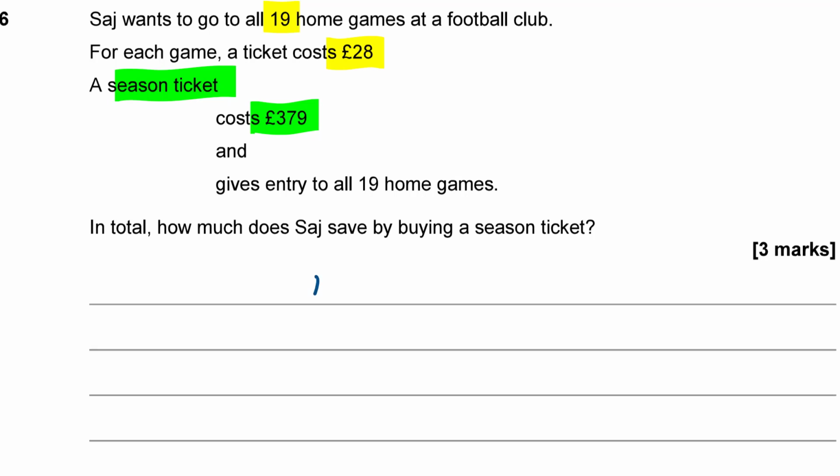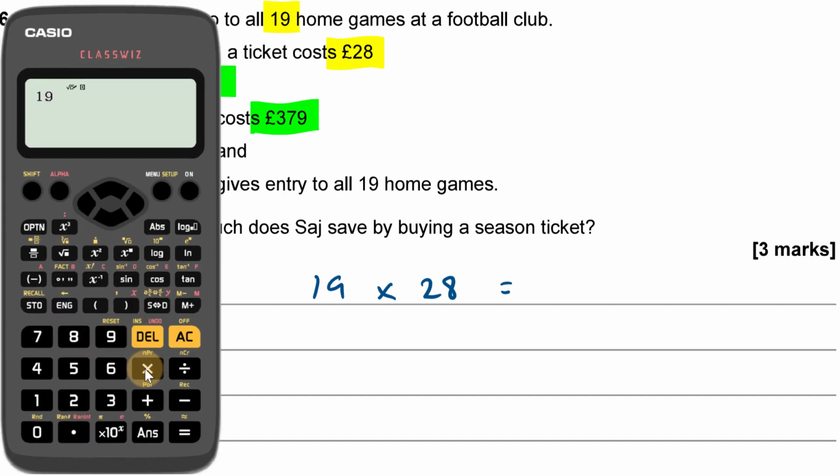So what is 19 lots of £28 then? Let's just tap that into the calculator and find out. 19 times 28 is £532. Okay, so if you just bought 19 tickets, it would cost him £532, but obviously the season ticket is cheaper. That is £379.